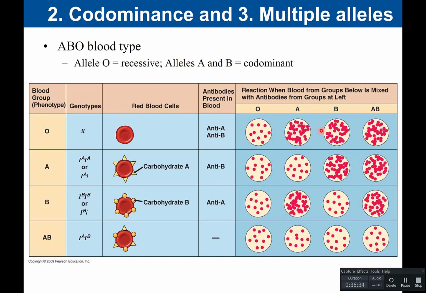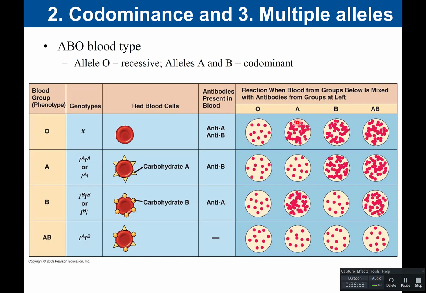So when you're testing to see which blood types can be given to a particular person, notice O is okay. A causes this agglutination. If somebody with blood type O was given A blood, the person with O has anti-A antibodies because it sees A as being foreign.